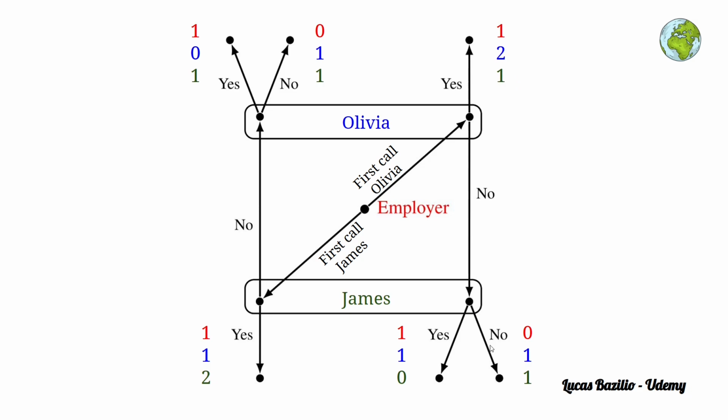Okay, let us now analyze this terminal node in here. So notice that this outcome considers the case where the employer first called Olivia, she said no, so we come to this decision node, and if James says no, so if he also rejects the offer, then the employer's utility is 0 because the position is not filled, and the utilities of both James and Olivia are 1 since they are not hired.